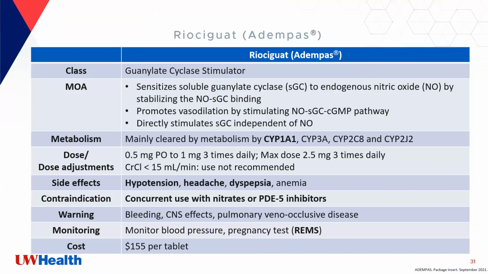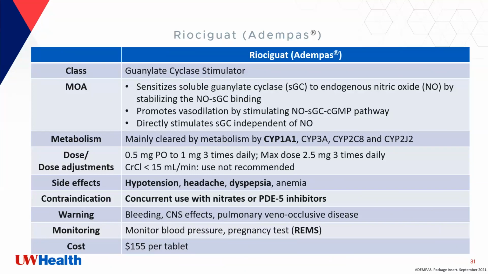So as we can predict, concurrent use of nitrates or PDE5 inhibitors with riociguat is contraindicated. Fun fact about riociguat is that it can also stimulate this pathway without the presence of nitric oxide. As you can recall, the nitric oxide pathway is already damaged in these patients. So this medication can work even when there's not a lot of nitric oxide present.